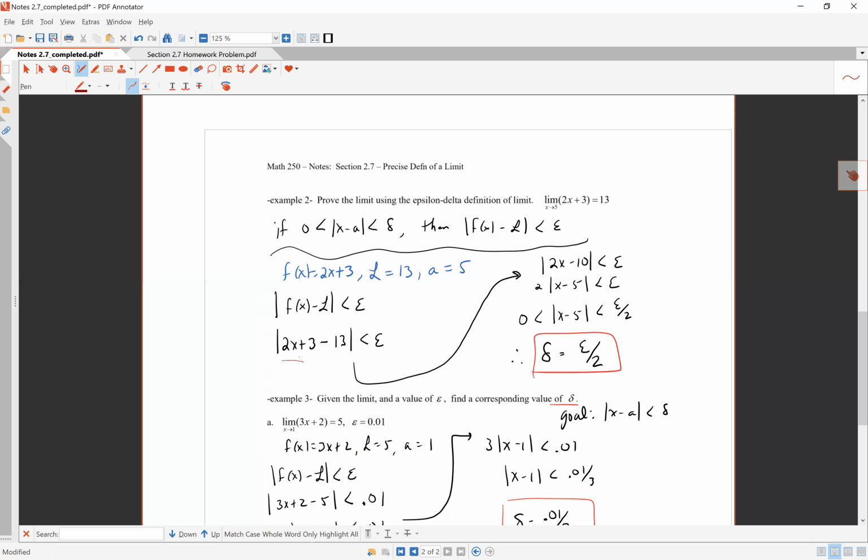If the absolute value of 2x plus 3 minus 13 is less than epsilon, where epsilon is some arbitrary value, let's simplify that. You get 2x minus 10 is less than epsilon. Just divide both sides by 2, and x minus 5 is less than epsilon over 2. So you choose your epsilon, and if delta is epsilon over 2, we know that 2x plus 3 minus 13 is going to be less than epsilon.